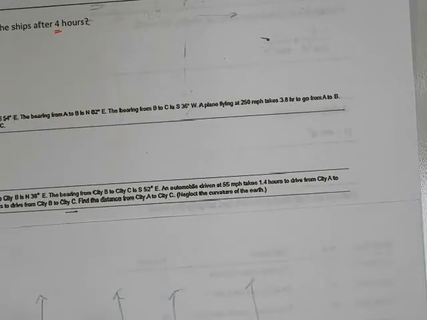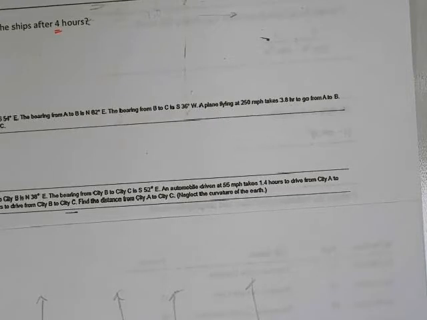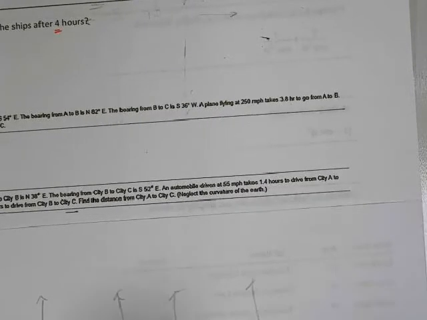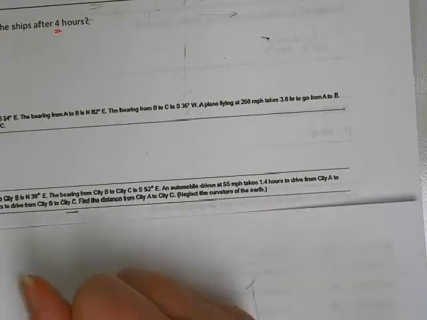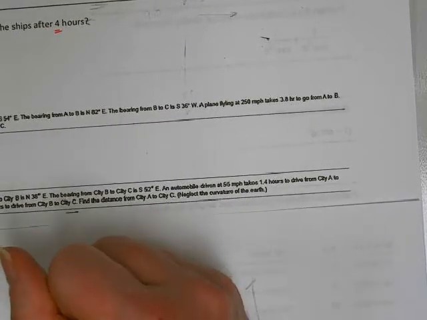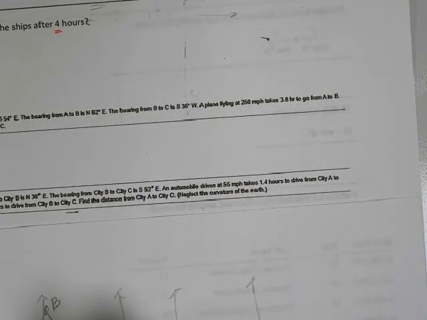Okay, so here's A. Northeast to B. Bearing from B to C is southeast, so I'll say this is C. All right, so northeast, this is 38 degrees. This is 52 degrees.